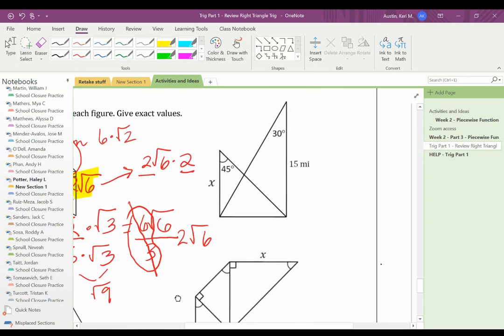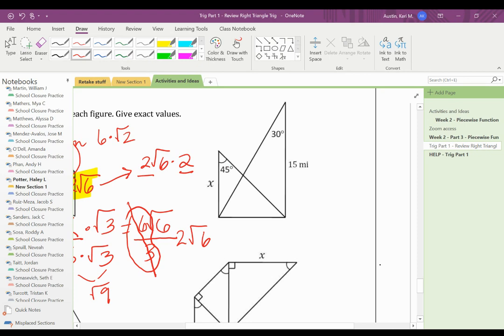Number 2, we've got a 45, 45, 90 right here. And then we've got a 30, 60, 90 over here. And the given information is on the 30, 60, 90. And if this is 30, that means that is the short leg.